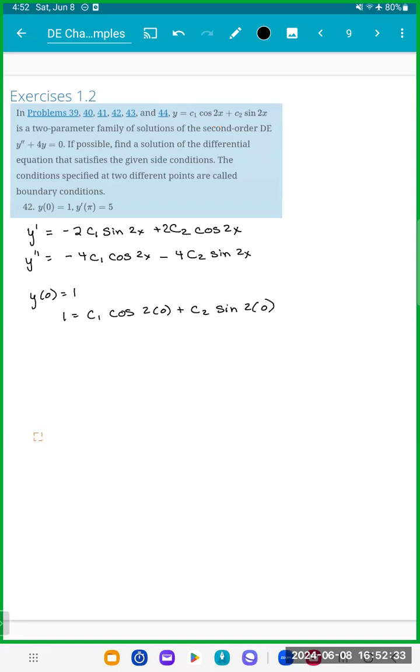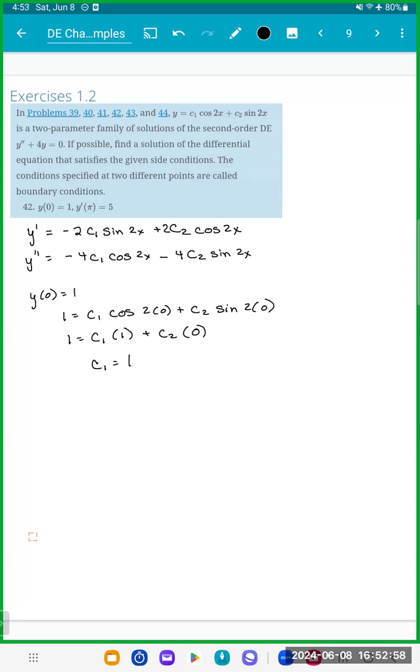So this gives me 1 equals c1 times 1, because the cosine of 0 is 1, plus c2 times 0, and the sine of 0 is 0. So that tells me here then that c1 is equal to 1.